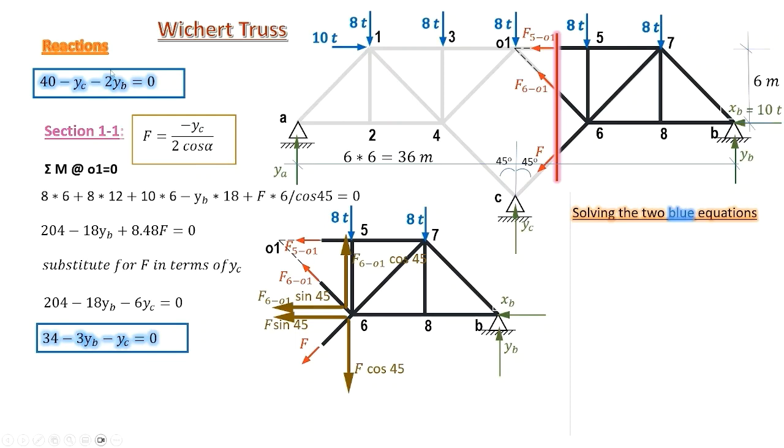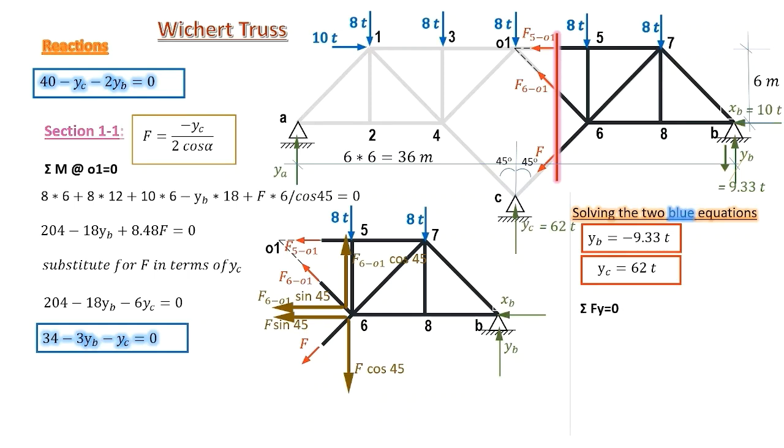Solving the two equations in the two unknowns YB and YC, we get that YB equals minus 9.33 tons, which says that we assumed its direction wrongly and it's really heading downwards. And here is the value. YC equals 62 tons and is plotted on our diagram here.